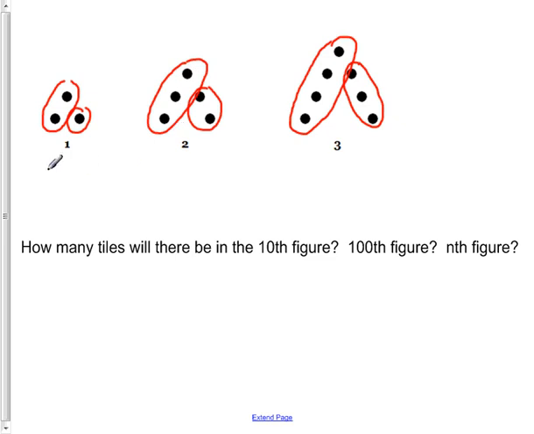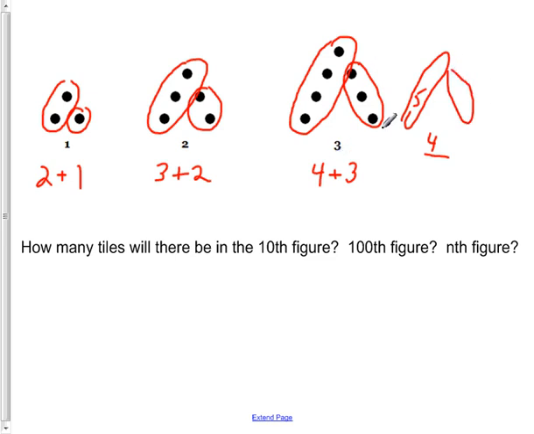And so it turns out to be 2 plus 1, or in this case, 3 plus 2, or here it's 4 plus 3. So like in the fourth shape, this would be 1 bigger than 4, so it'd be 5, plus this number, which is 3, so this would be 4. So it'd be 5 plus 4 is 9.